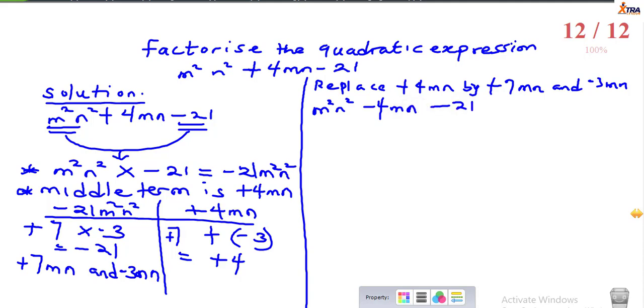So replacing that, we have m squared n squared. Instead of writing plus 4mn, we are replacing it by the first one, which is plus 7mn. Then the other one, which is minus 3mn. So that will give us minus 21 to complete that.